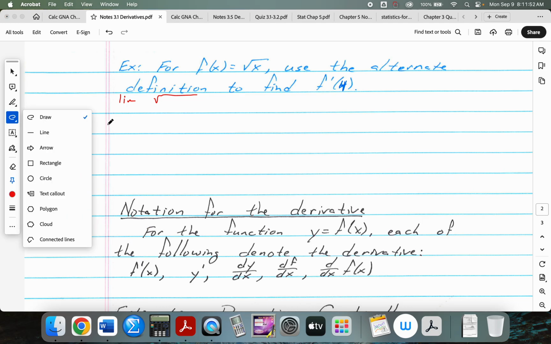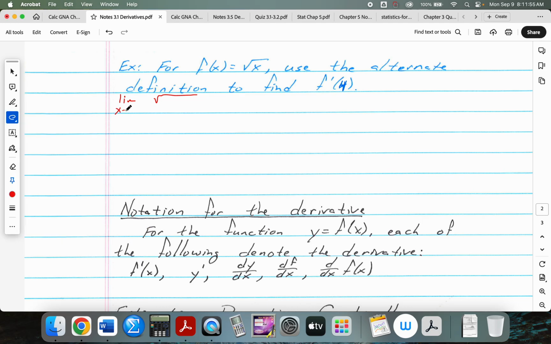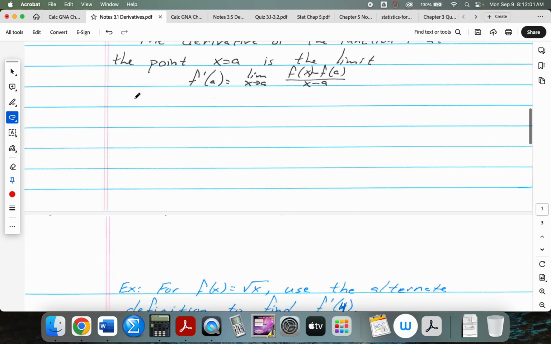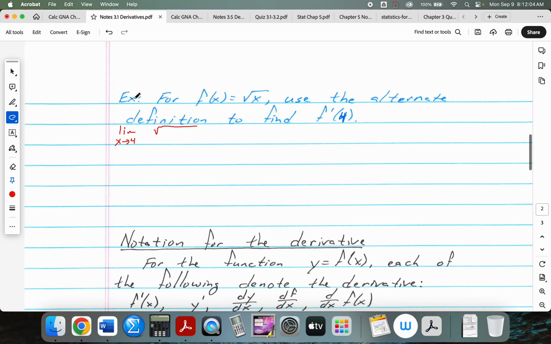So the limit as x goes to 4 of f of x, which is just the square root of x, minus f at a, so that's the square root of 4, over x minus a. So this is our alternate definition.